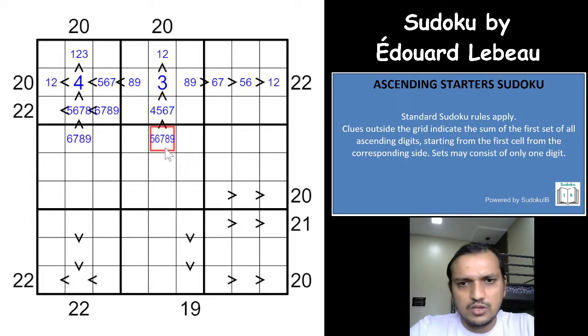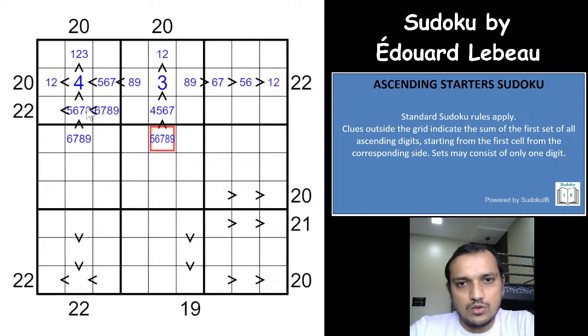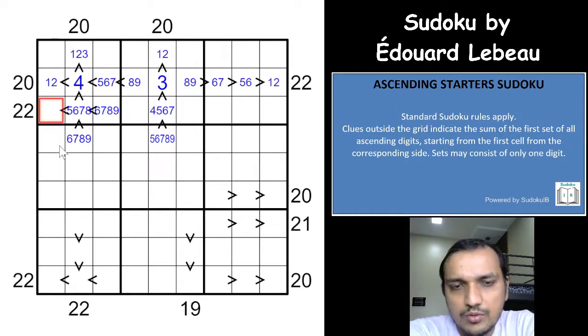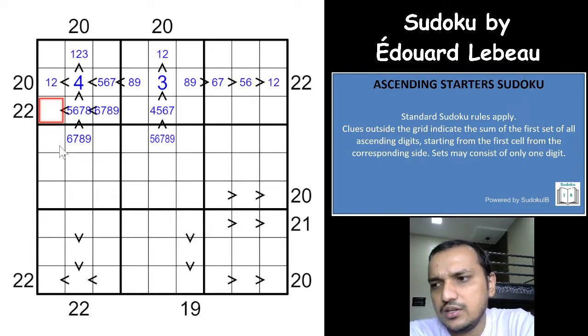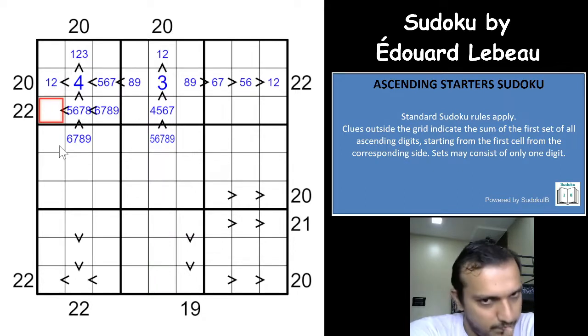That is possible. 1, 2, 3, 4 is not possible. 5, 6, 7. Too many digits, not required. 7 is not possible. 6 is also not possible because 6, 7 and 9. Yeah, 6 is possible.